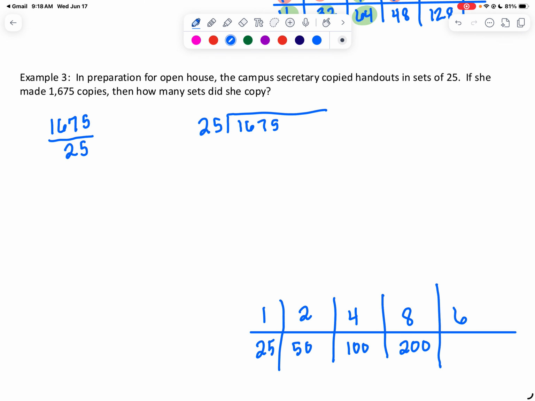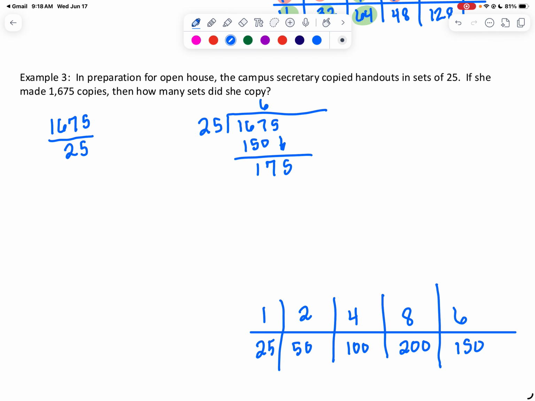So what's halfway between 100 and 200? Well, 150. So 6 will give me something very close to 167. So 6 times 25 is 150. Subtract, that's 7. 6 minus 5 is 1.